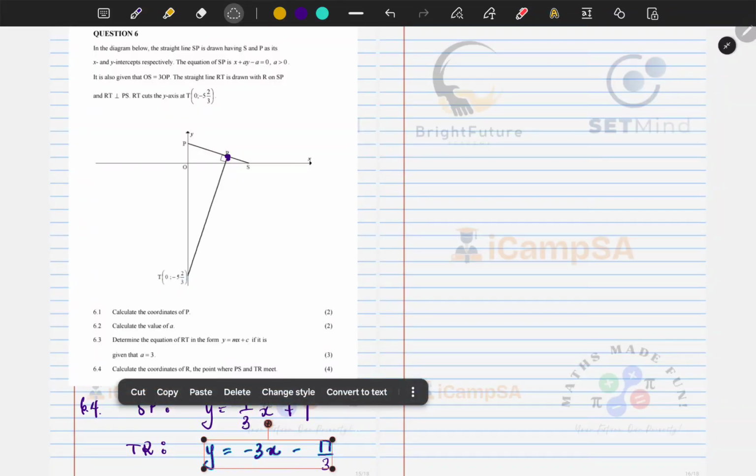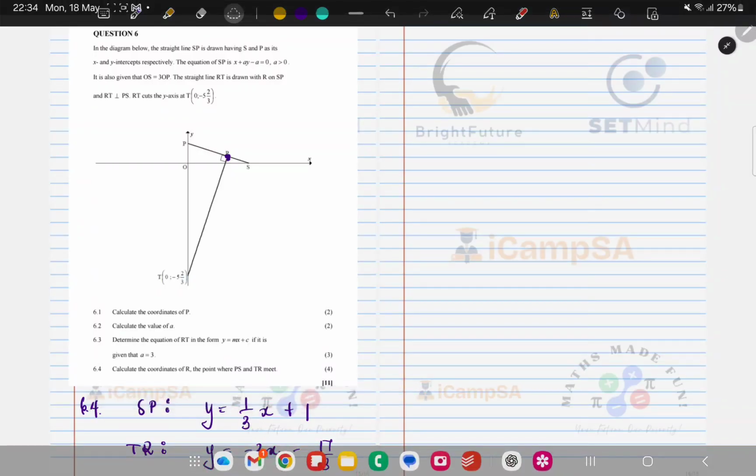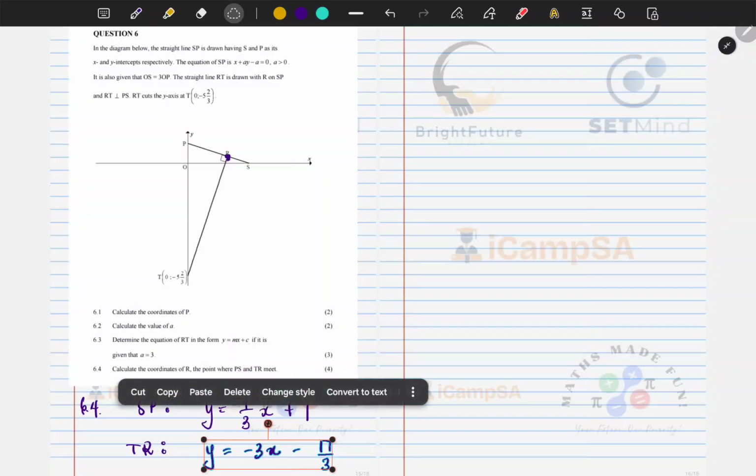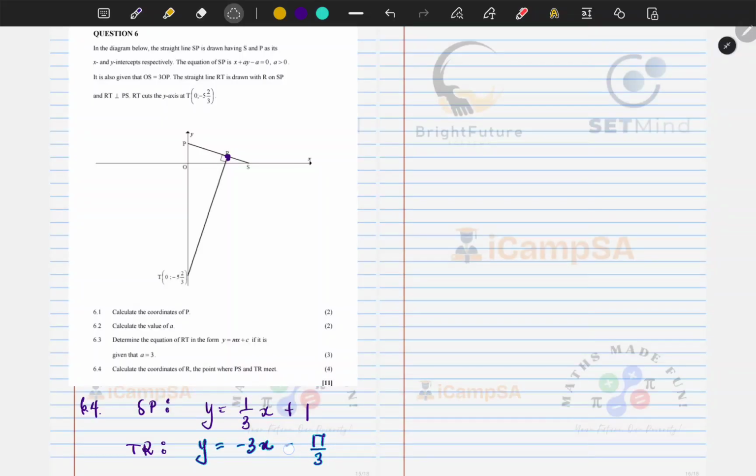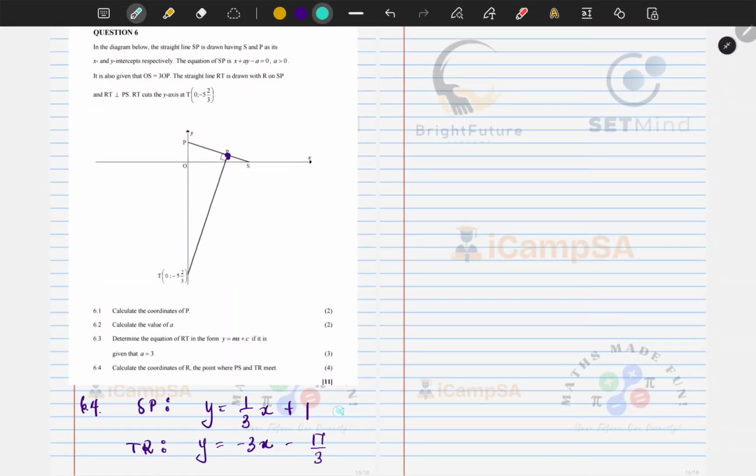Let's do this. Okay. Perfect. So these are our two equations, right? So we can just call this equation 1, and this is going to be equation 2.